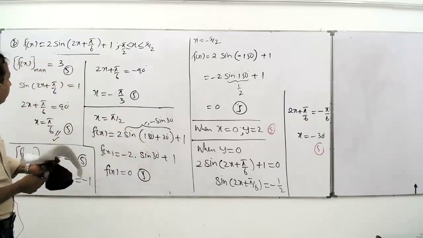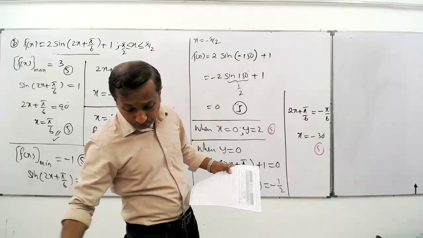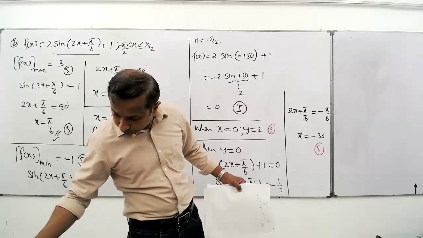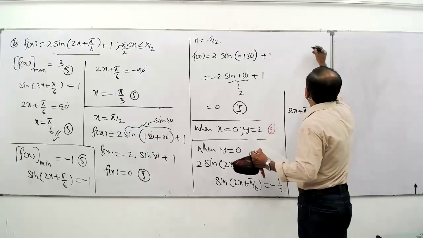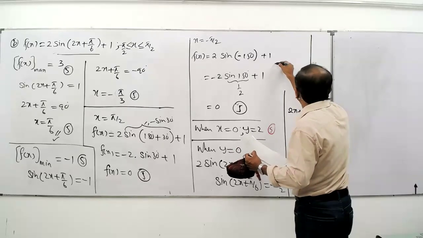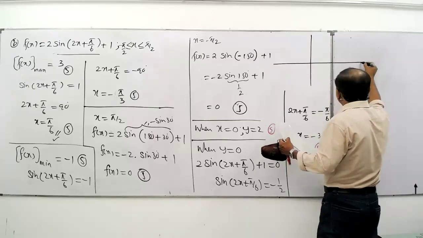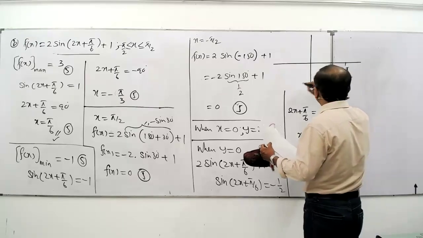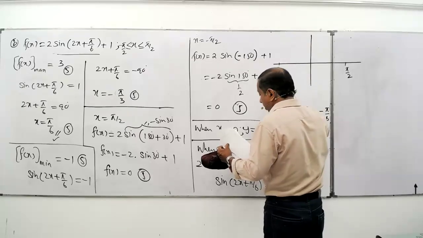I will sketch the graph, right? The graph I can sketch like this. The y-axis, the x-axis. Here take plus pi by 2, here take minus pi by 2. Okay.